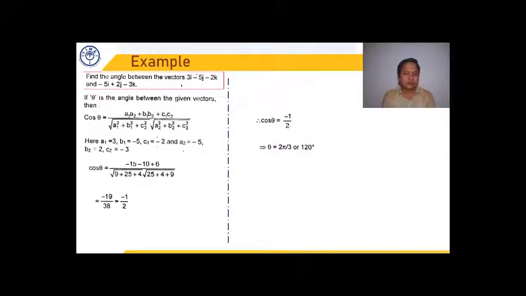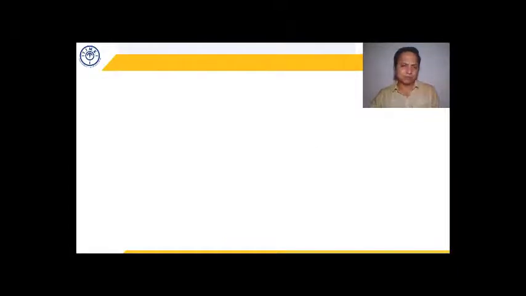Since vectors were given, we used the formula for cosine, directly applied it, and got cos theta equal to minus half. So theta is 2 pi by 3, that is 120 degrees. Our answer comes out to be 120 degrees.